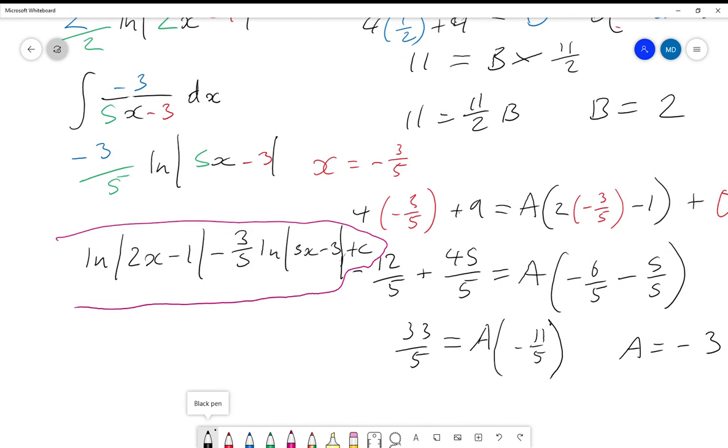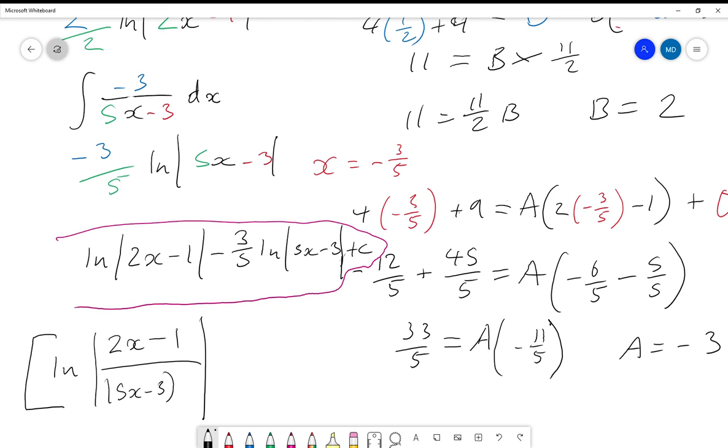Okay, and now remembering our integration actually had limits, but also remembering our log laws, we can write this as the natural log of 2x minus 1, because when we subtract we're dividing, and then multiples in front go in as a power, over 5x minus 3 to the power of 3/5. And we want to evaluate all of that between 1 and 2.